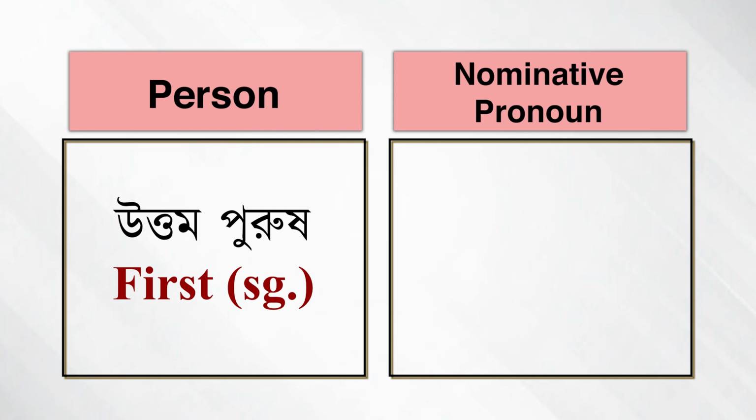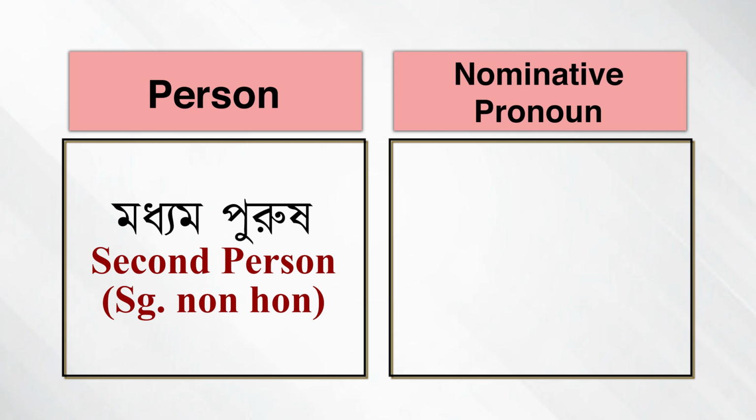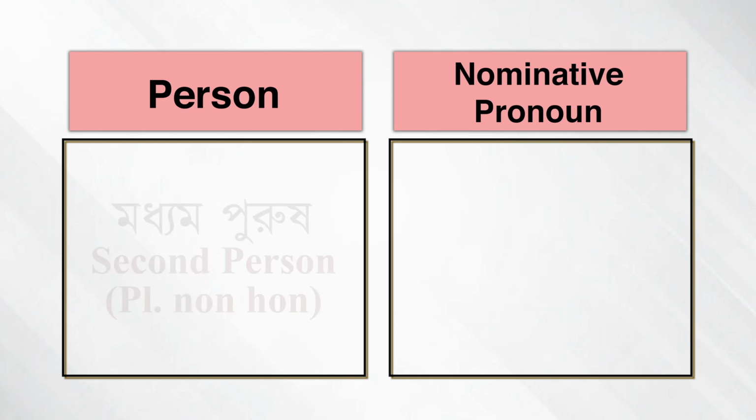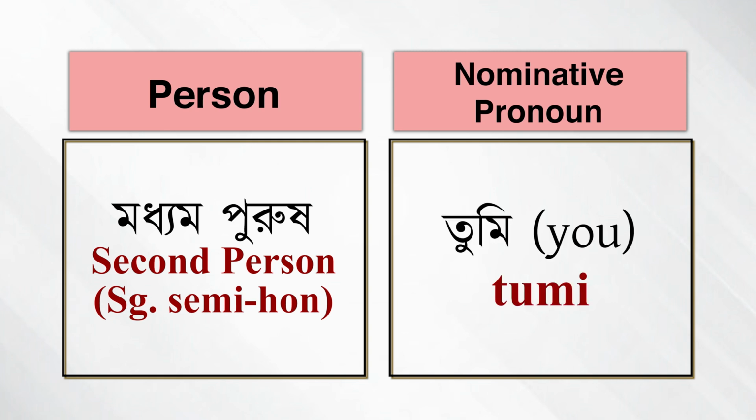In the table on the left side, we have person, and on the right side, we have nominative pronouns. Uttam Purush, first person singular, Ami. Uttam Purush, first person plural, Amra. Modham Purush, second person singular, non-honorific, Tui. Modham Purush, second person plural, non-honorific, Tora. Modham Purush, second person singular, semi-honorific, Tumi.